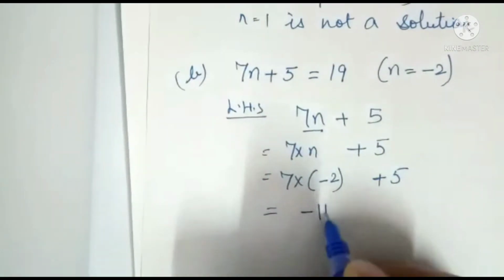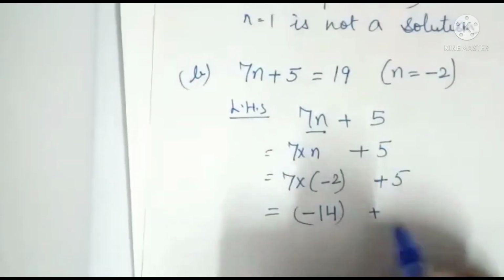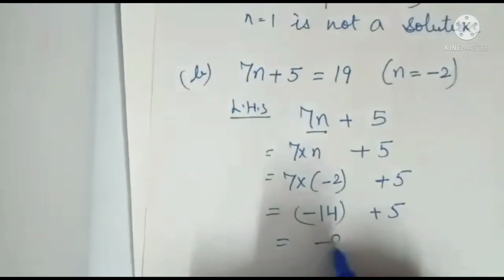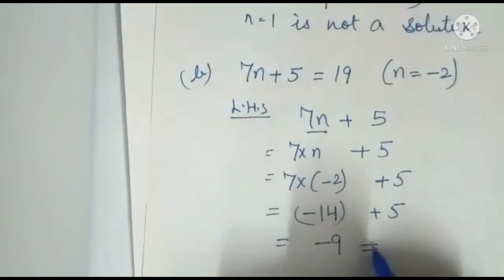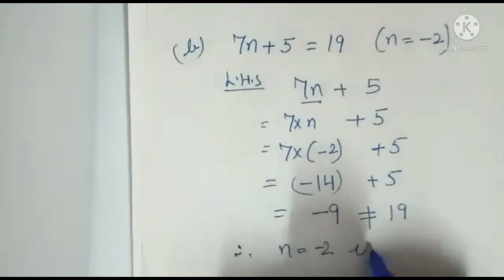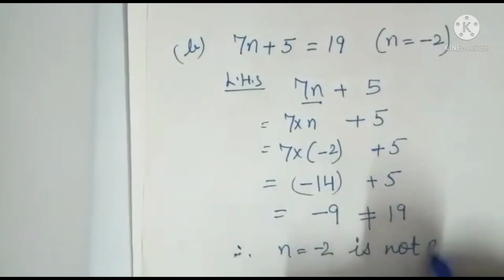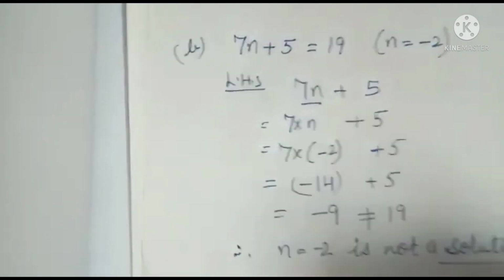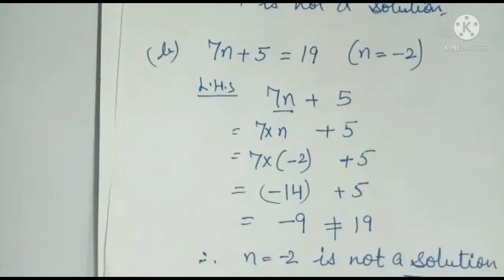It is minus 14 plus 5. So minus 14 plus 5 will be minus 9. It is not equal to 19. So again we will say that n is equal to minus 2 is not a solution of this equation. So I hope you have understood this question also.